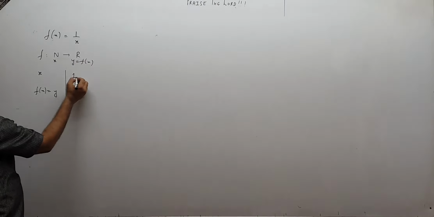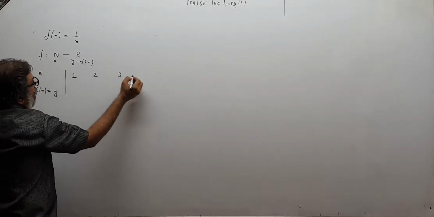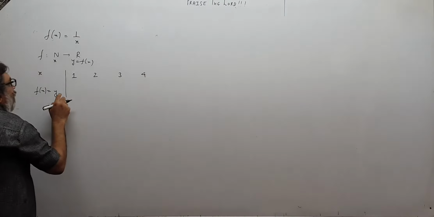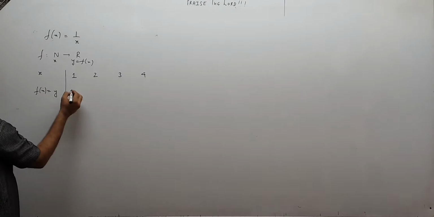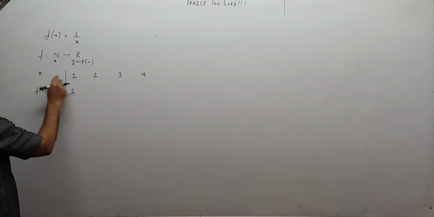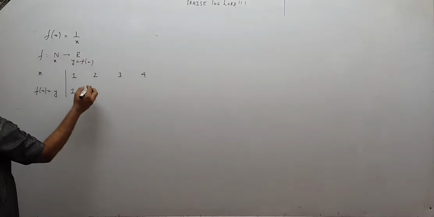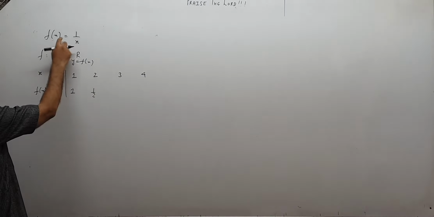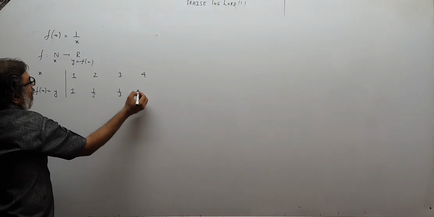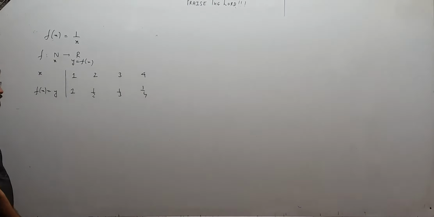Natural numbers, so x can be 1, 2, 3, 4 like this. When x will be 1, f(x) will be 1 upon 1. When x will be 2, f(x) will be half. When x will be 3, f(x) will be 1 upon 3. Then 1 upon 4 and like that.